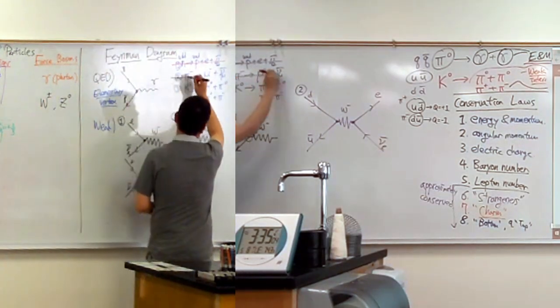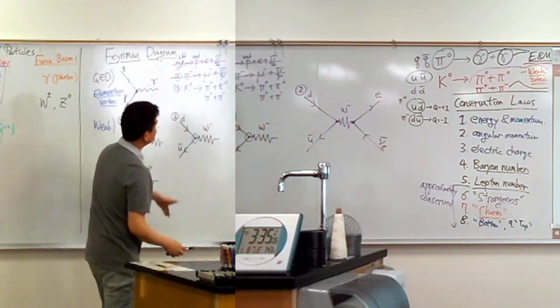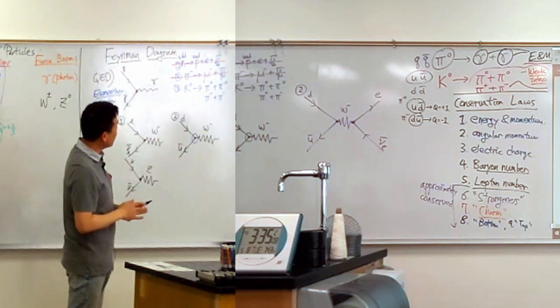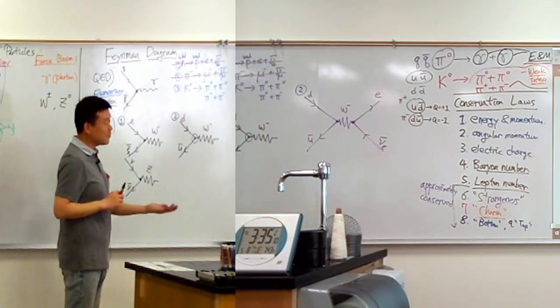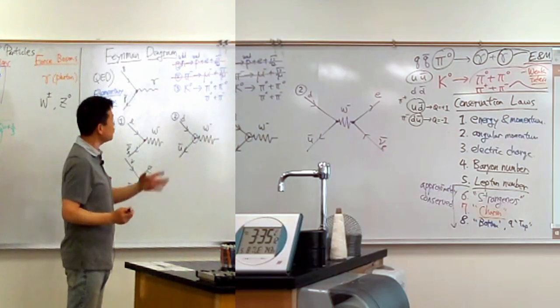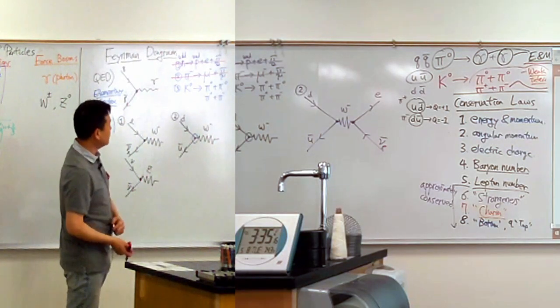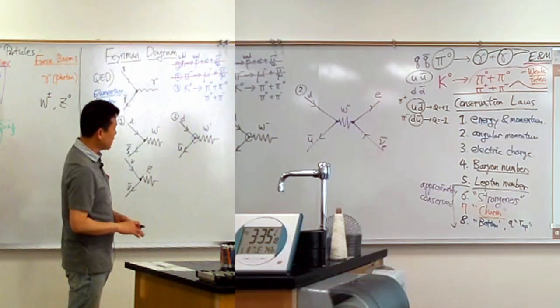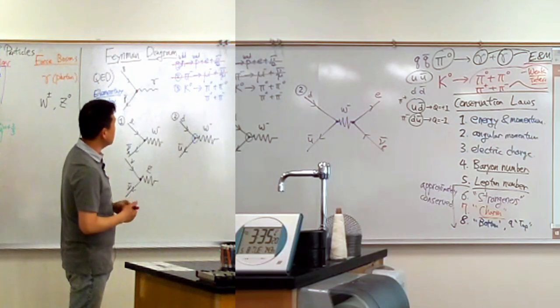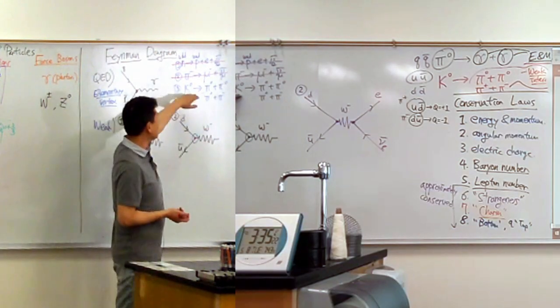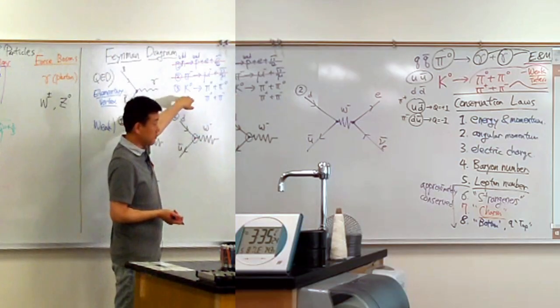Now the K is, I guess, the interesting one, because as you are looking at it right now, it doesn't even look like it should involve the weak interaction. A hint that it must involve the weak interaction comes once you start looking at the quark content of the K meson.